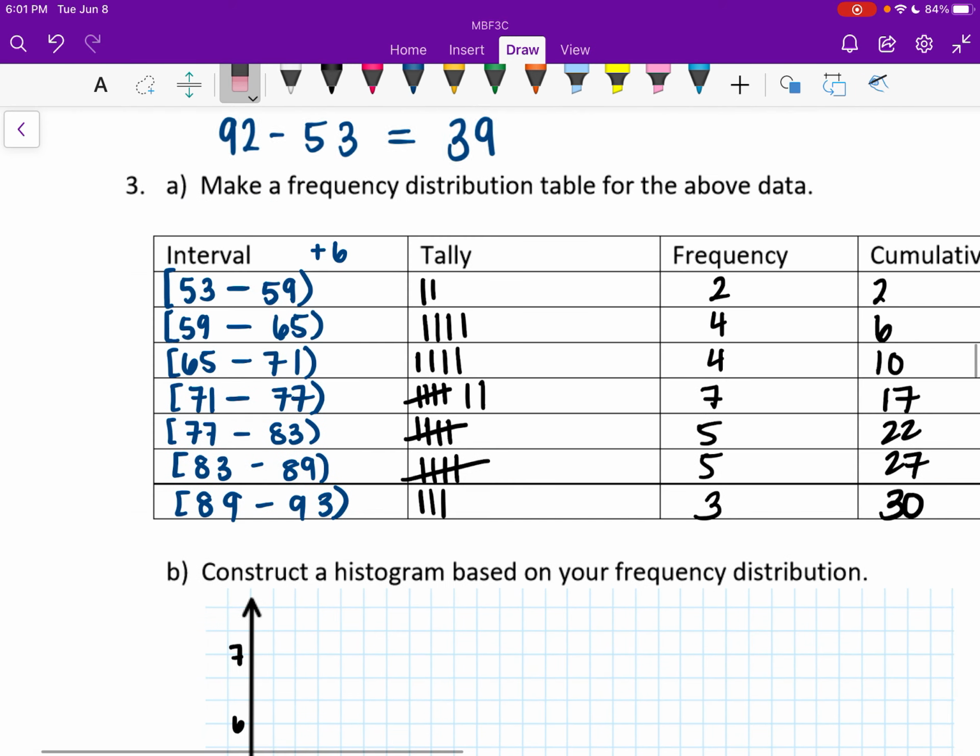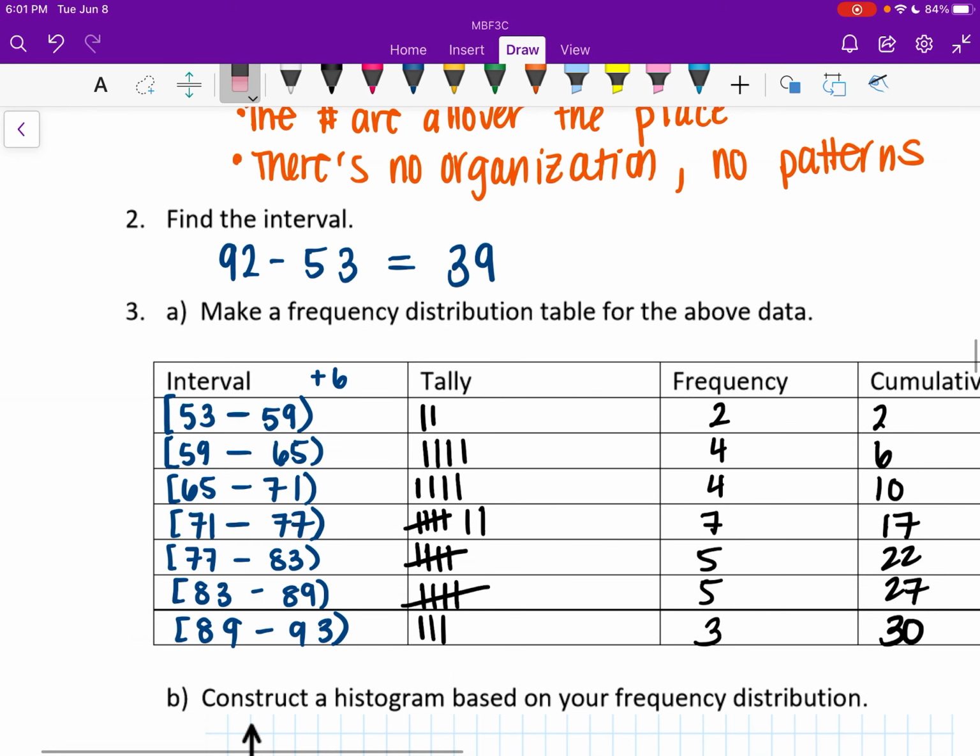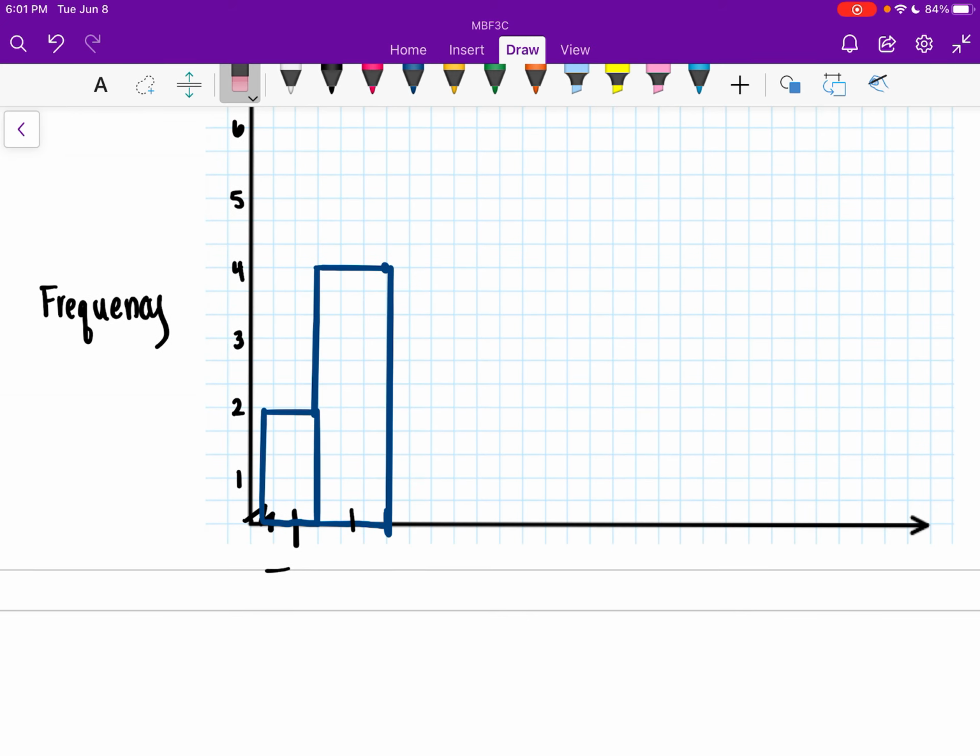So 53 plus 59 divided by 2 gives 56 here. And then we're just going to add 6, which is 62.